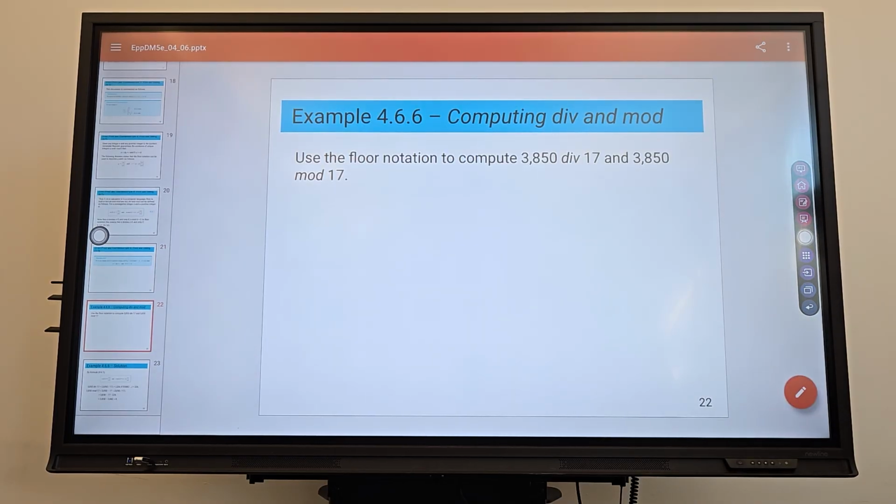Use floor notation to compute 3850 div 17 and 3850 mod 17.